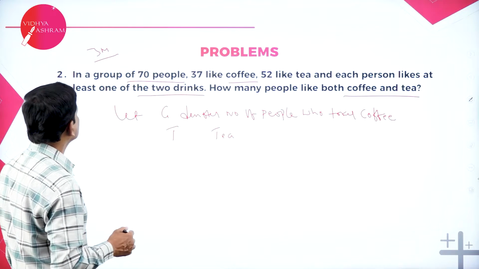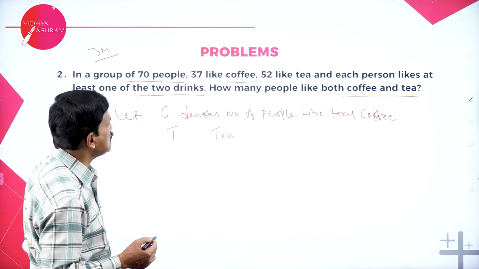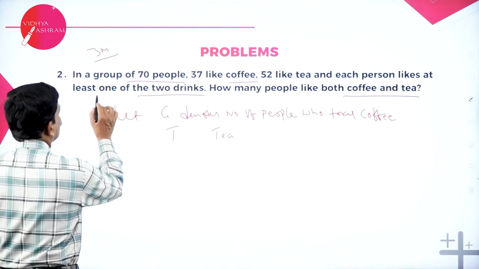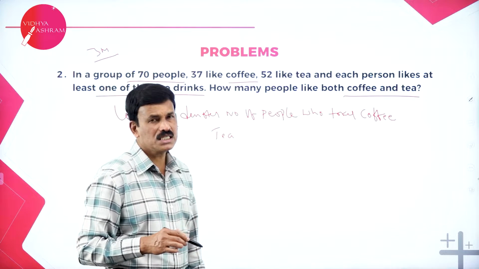Now in a group of 70 people, 37 like coffee, 52 like tea, and each person likes at least one of the two drinks. How many people like both coffee as well as tea?